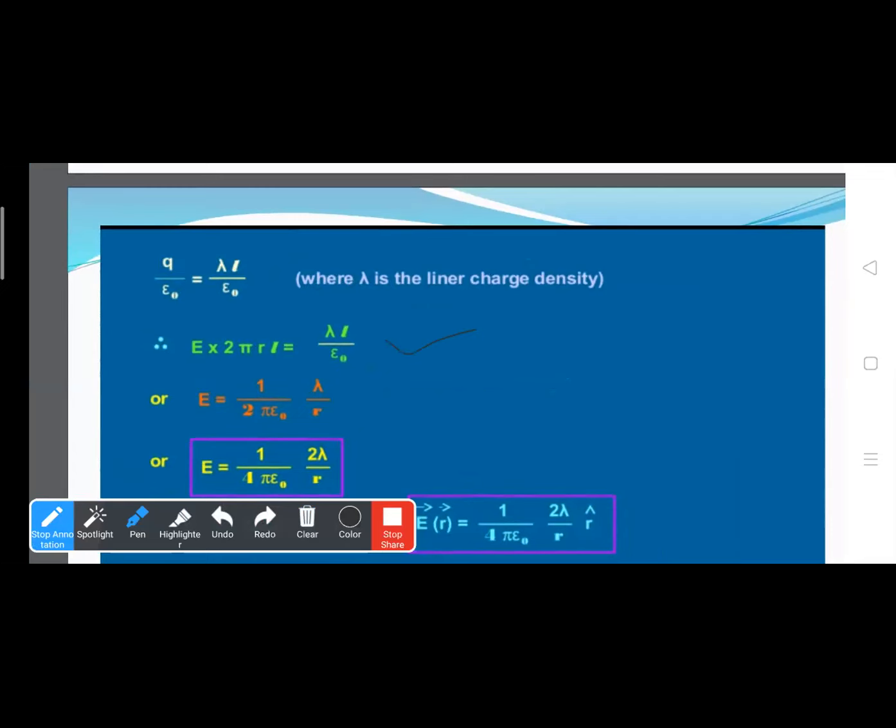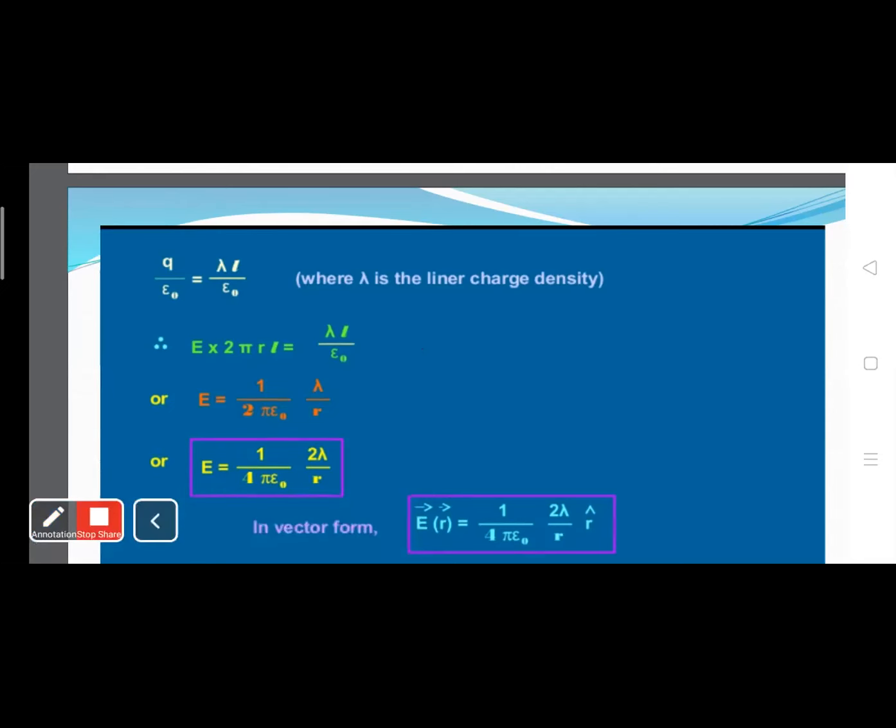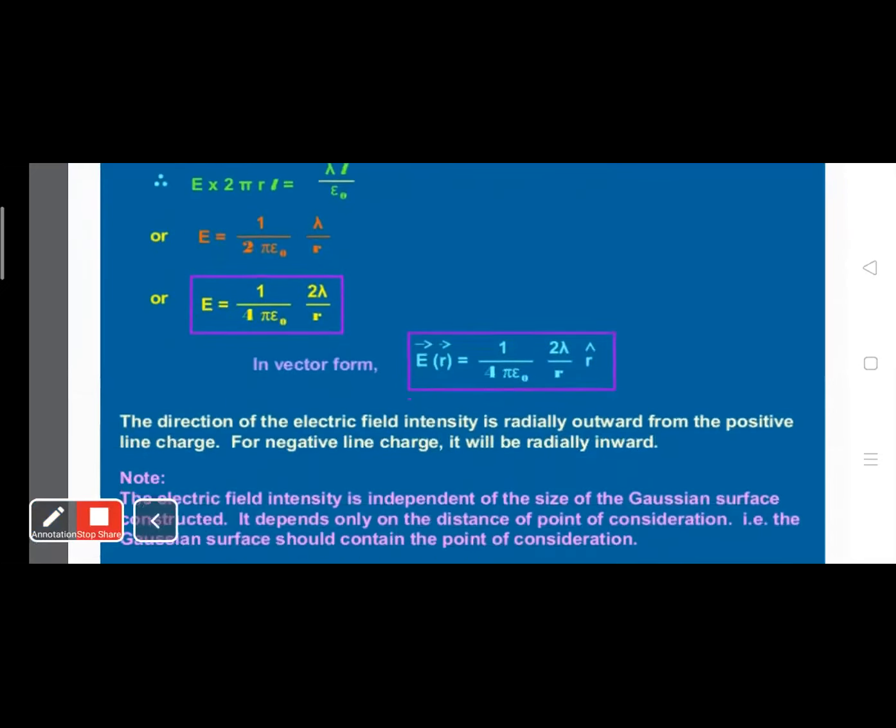On solving, we find that E equals 1 upon 4 pi epsilon naught times 2 lambda upon R. This is the derivation of the electric field due to an infinitely long straight uniformly charged wire. I hope this is clear to you.